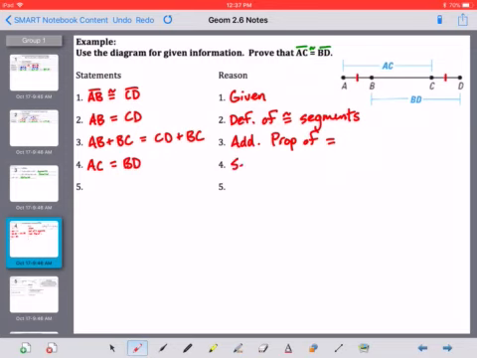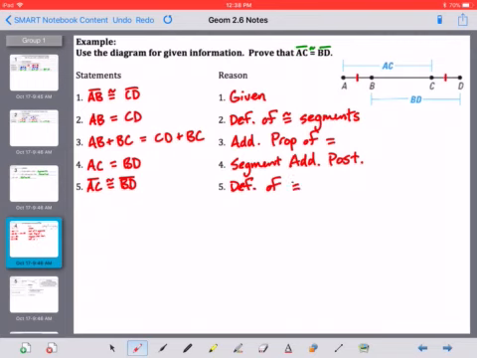And that's the segment addition postulate. If you're saying that two segments added up equal the whole segment, that's just the segment addition postulate from chapter 1. And lastly, we're trying to prove that AC is congruent to segment BD. Well, if their lengths are the same, their segments are congruent. Again, that's the definition of congruent segments.